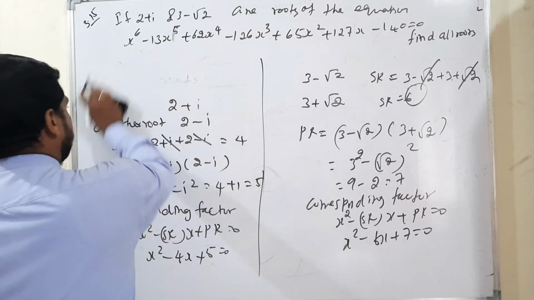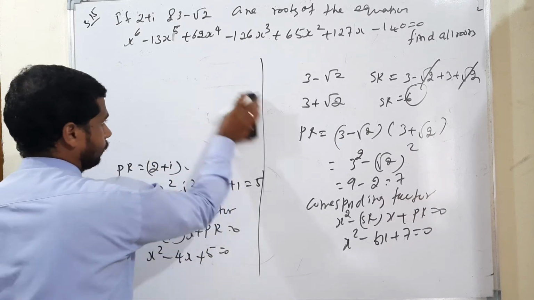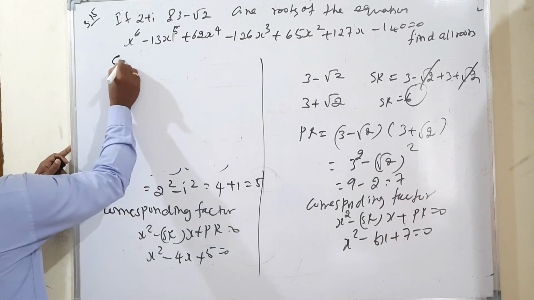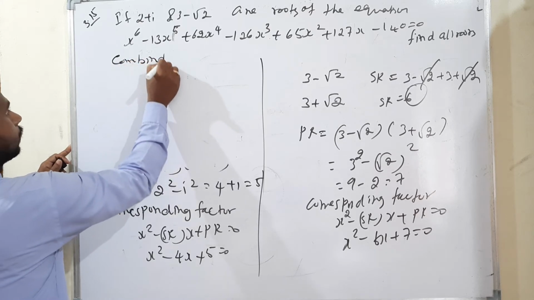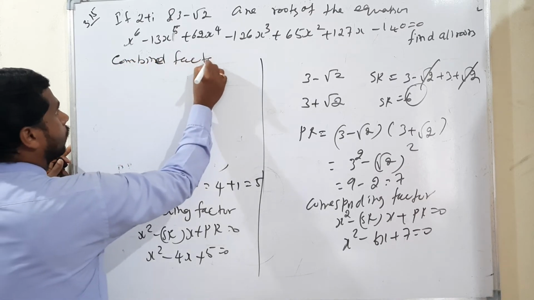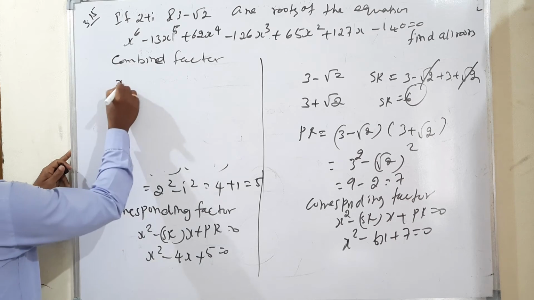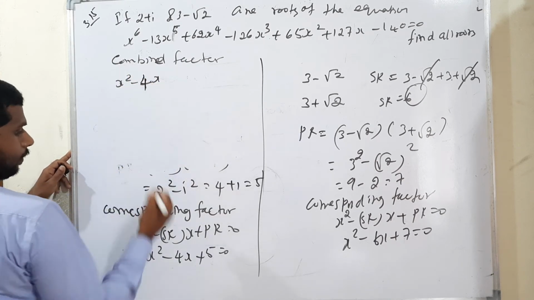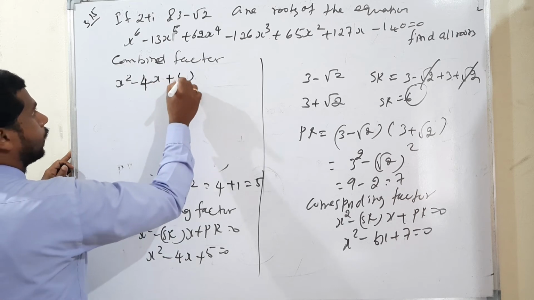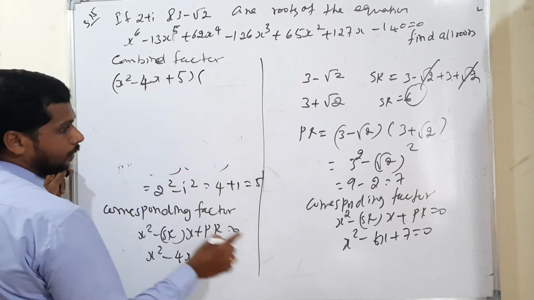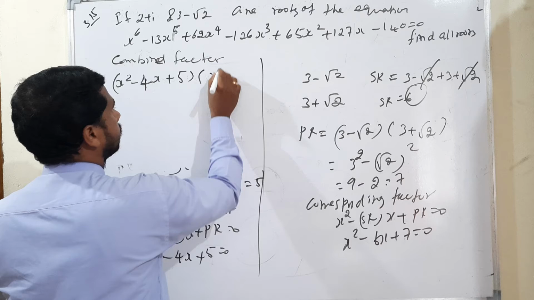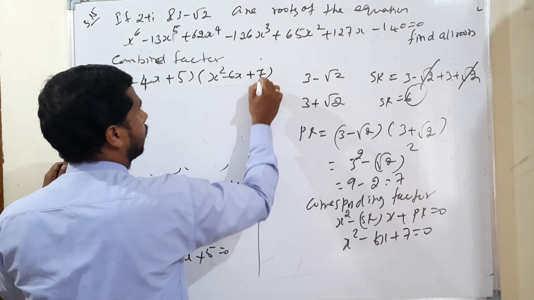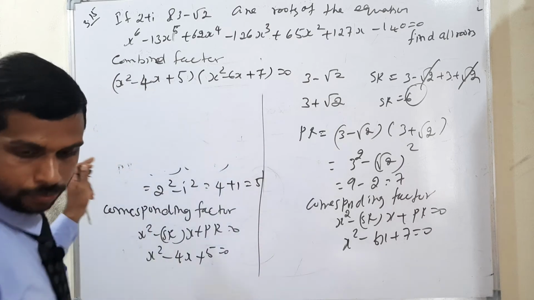So the combined factor is x square minus 4x plus 5. The next condition is x square minus 6x plus 7 is equal to 0.